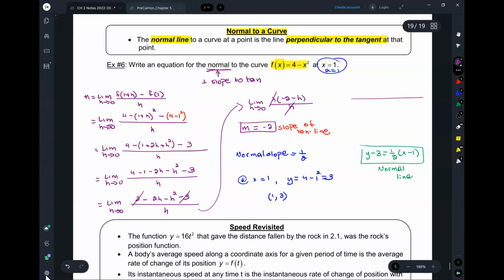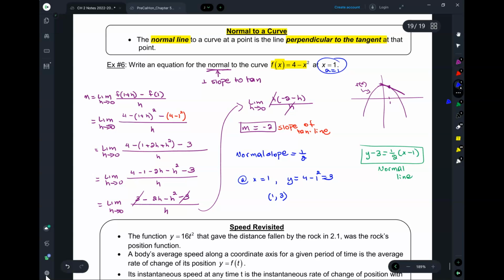4 minus x squared. Let's draw this for a minute. This is negative x squared plus 4. It looks like this. Okay, this is f of x. At x equals 1, here, this is the tangent line. Do you see that that has negative slope? The slope of that is -2.